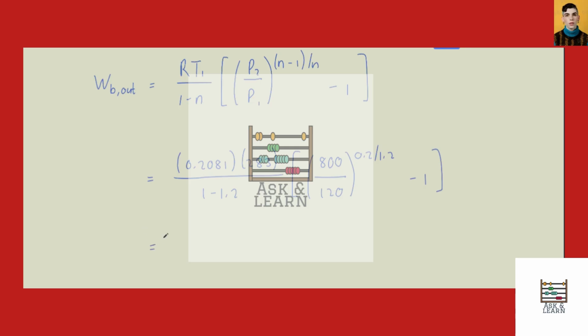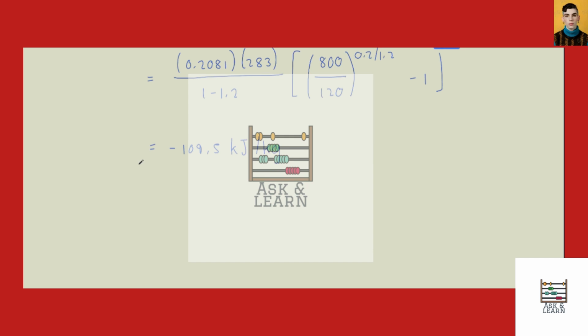And hence we get the boundary work to be minus 109.5 kJ/kg. So this boundary work is negative since the gas of argon is compressed.